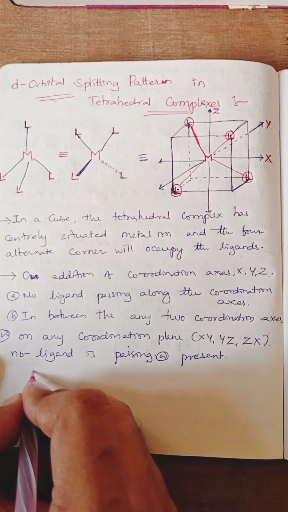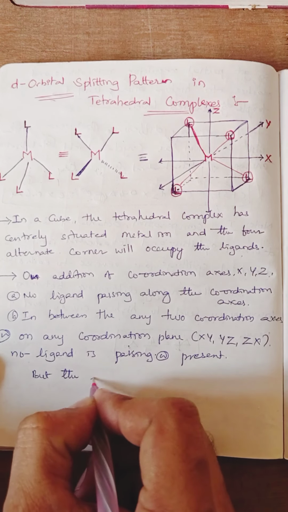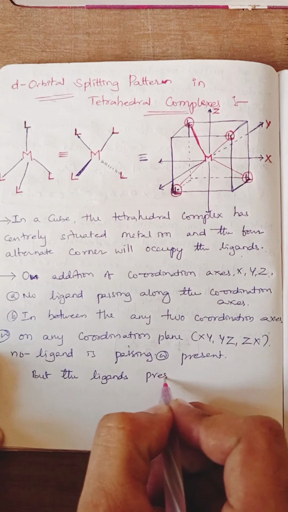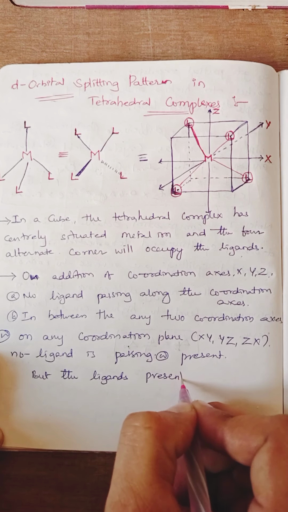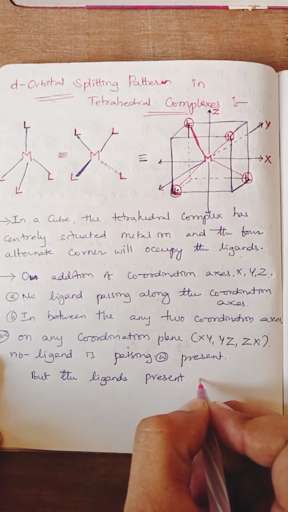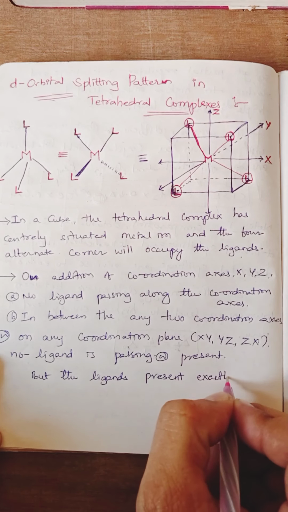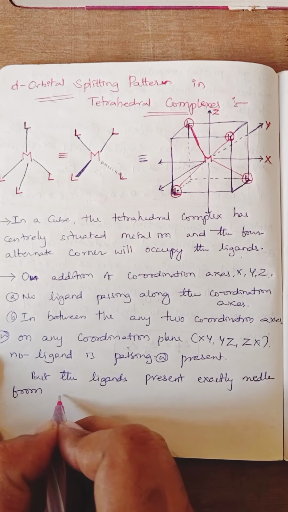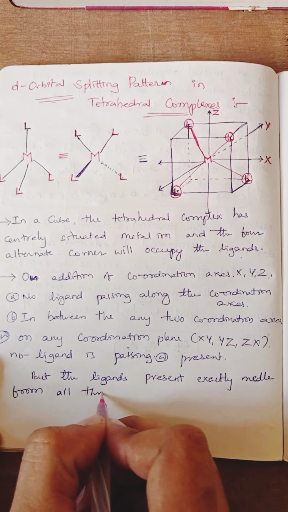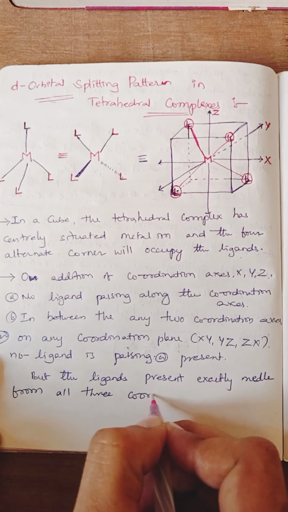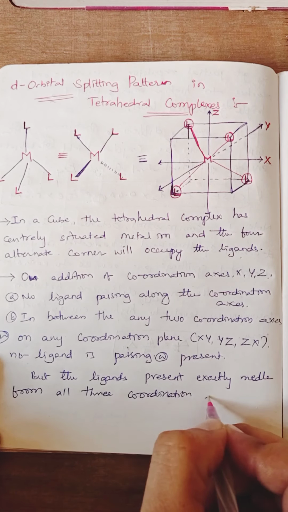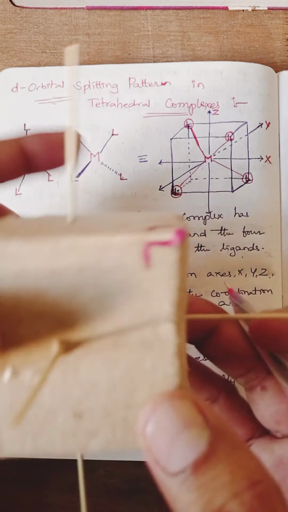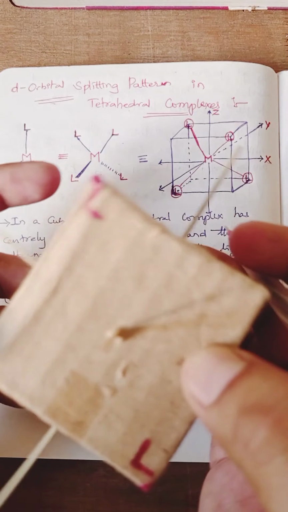But the ligands are placed exactly in the middle from all three coordination axes, isn't it? From the model you will get the perfect picture that they are exactly in the middle of the coordination axes, right?